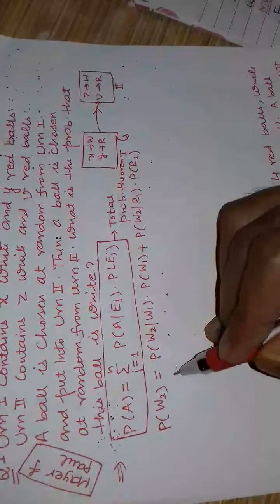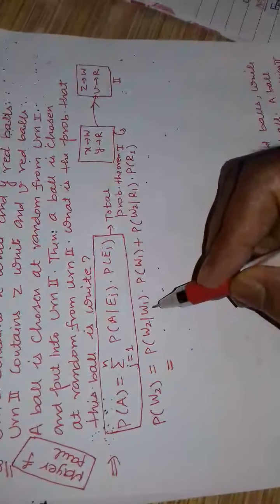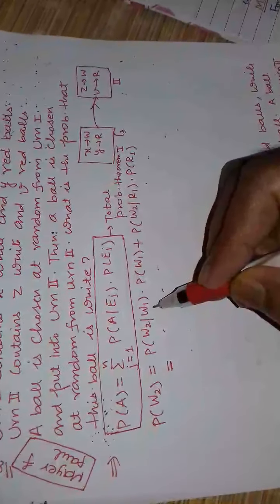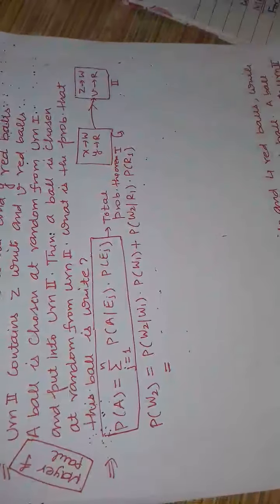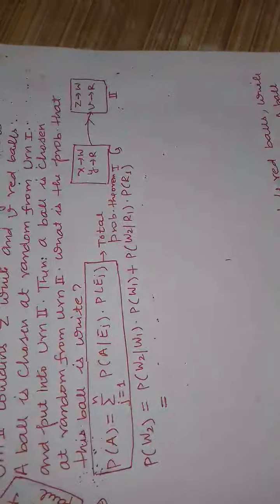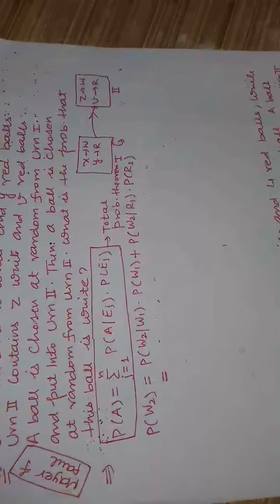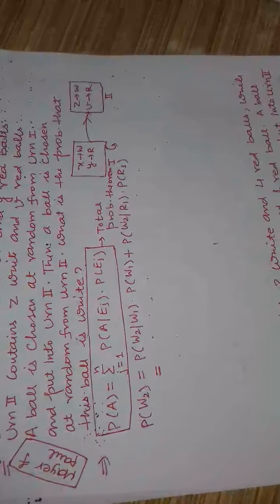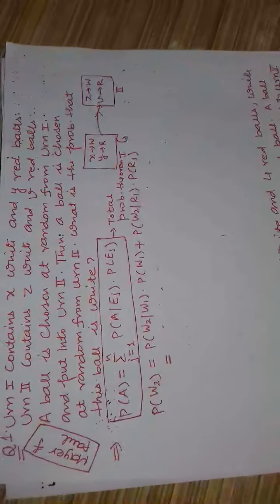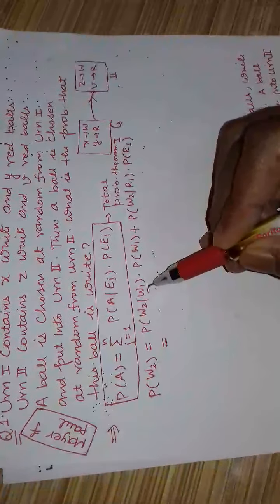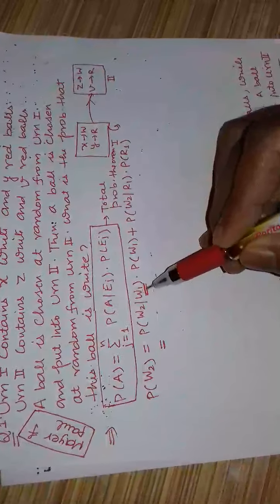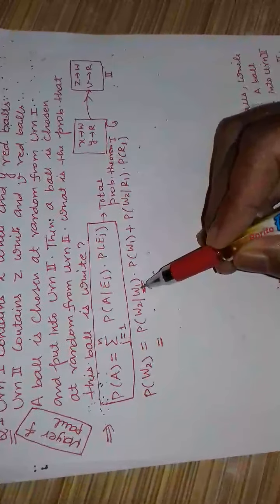So just find the probability of W2 given W1. W2 means a white ball in the second box. So what will be the probability of this in the second box? There are Z white balls, and one white ball has been transferred from the first box.